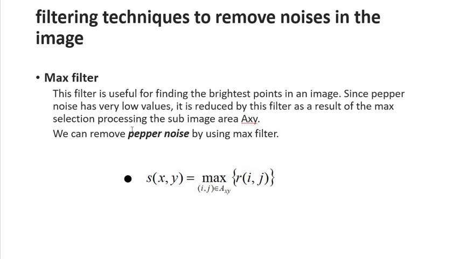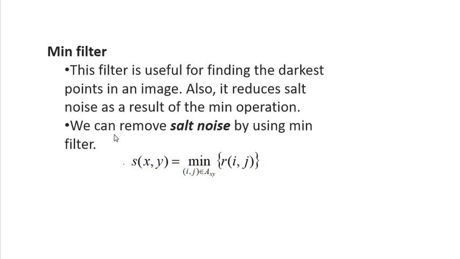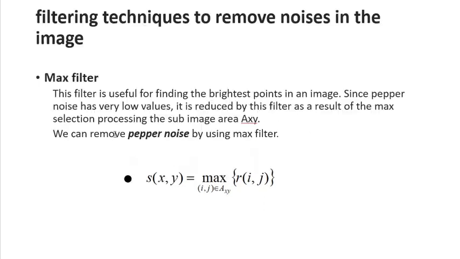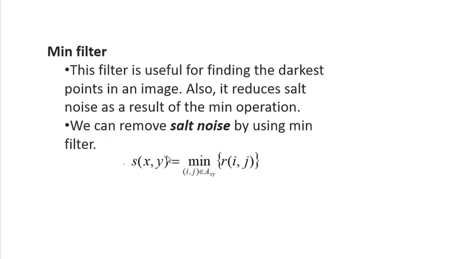So we can say that the max filter removes the pepper noises. Next is the min filter. In the same way, it is used for salt noises. It reduces the dark points on the images and removes the salt noises.